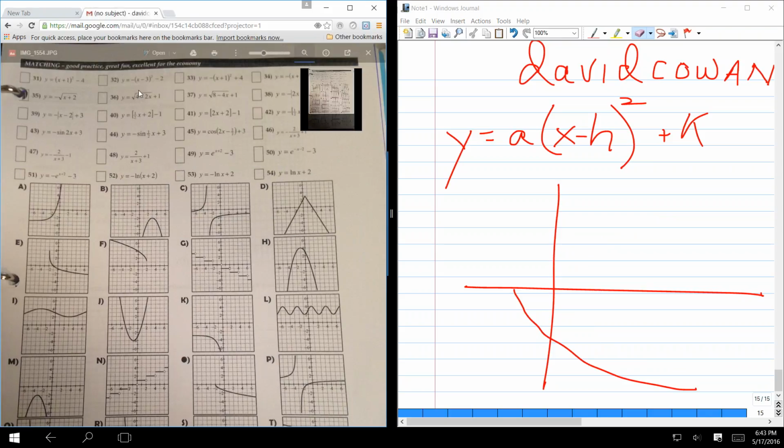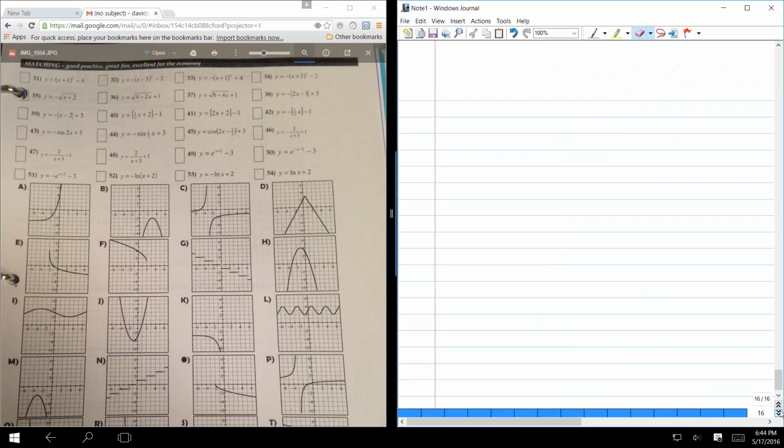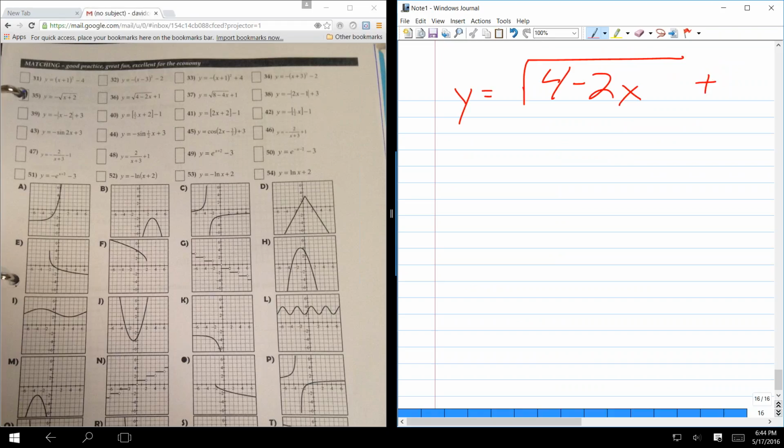Okay. How about 36? This is an interesting one, 36. Let's write it out. We have y equals the square root of 4 minus 2x plus the 1. I'm sure you know what the 1 does.